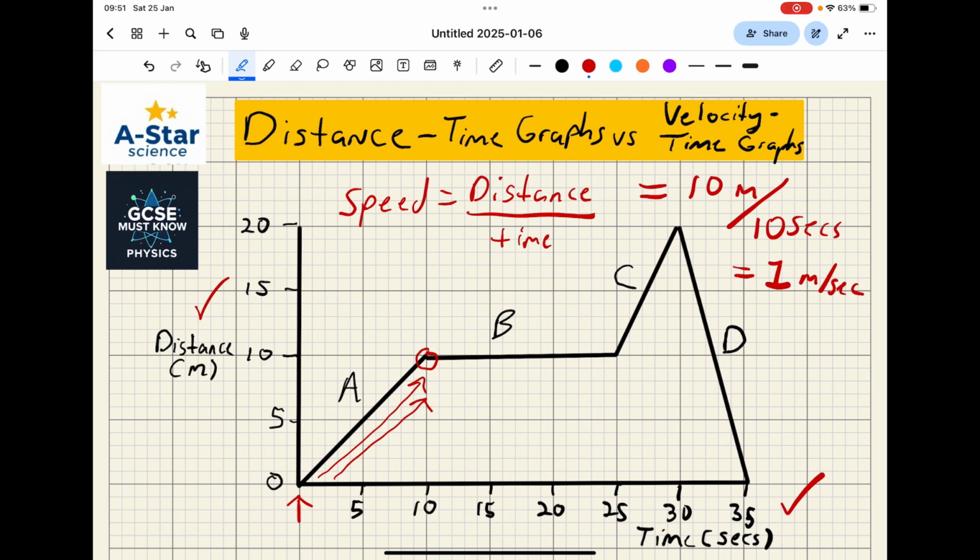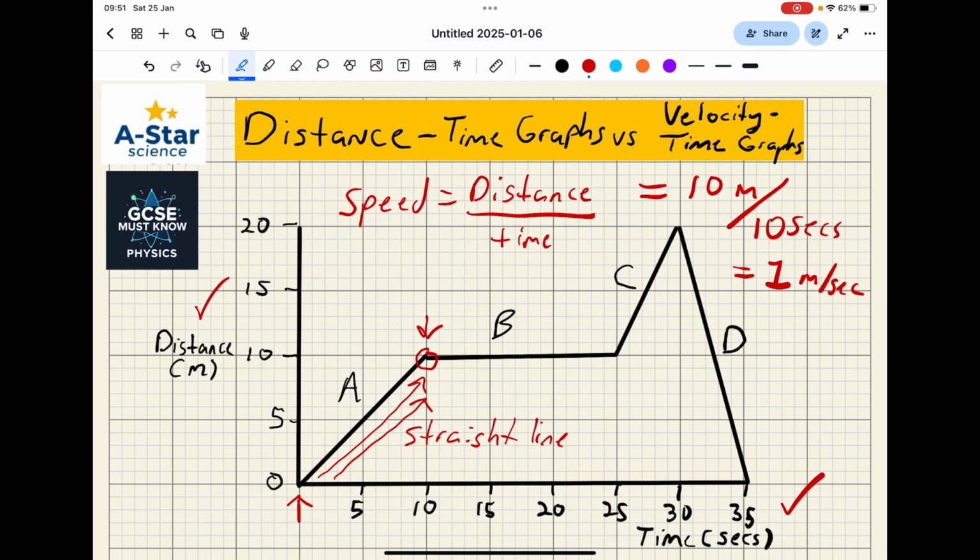It did accelerate from the beginning because it was at 0 meters, and now at 10 seconds it's moving at 1 meter per second. So it did accelerate, but it started to then go at a constant speed. I know this because it's a straight line. That was the average speed over that distance.